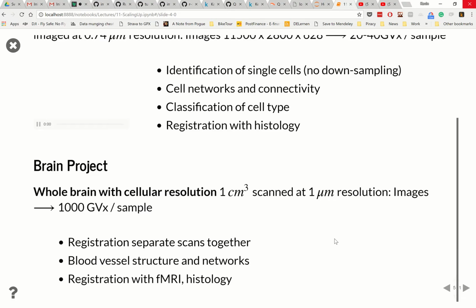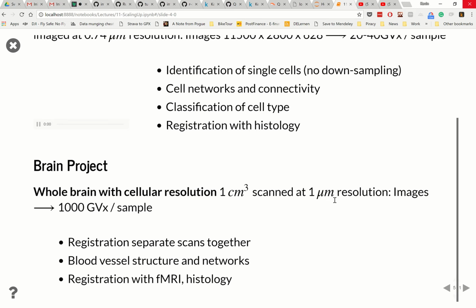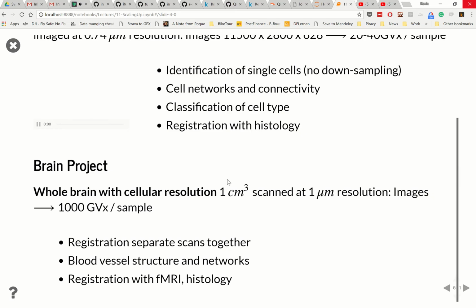If you look at the Human Brain Project or the Blue Brain Project, both run out of EPFL and an institute in Geneva, if you're trying to look at the whole brain with cellular resolution, this is just an example with a rat brain, where you have a cubic centimeter, which is how big the brain is, and a micron resolution, you end up with 100 billion voxels, 1,000 billion, a trillion voxels per sample.